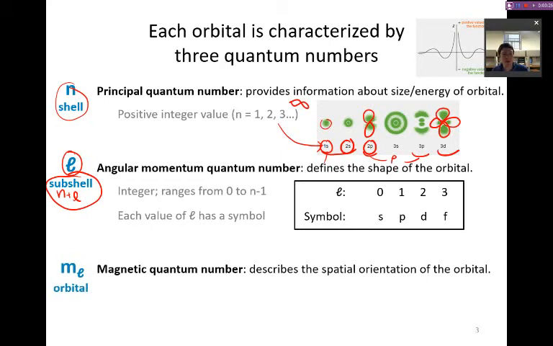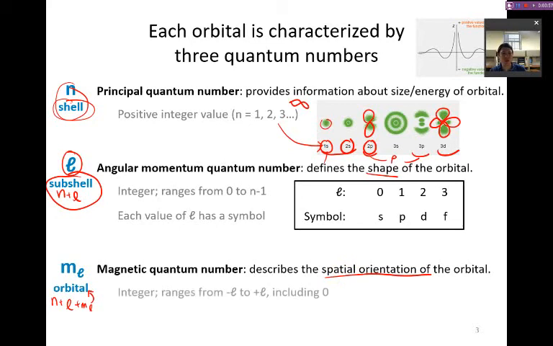m sub L is the magnetic quantum number, and when combined with n and L, it describes the orbital. The m sub L itself describes the spatial orientation of the orbital. So if we want to talk about a particular orbital, we need to describe its shell, we need to describe the shape, and then we need to describe the direction that it's facing.